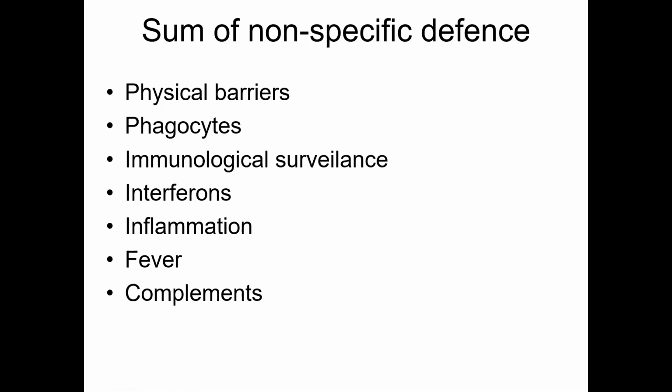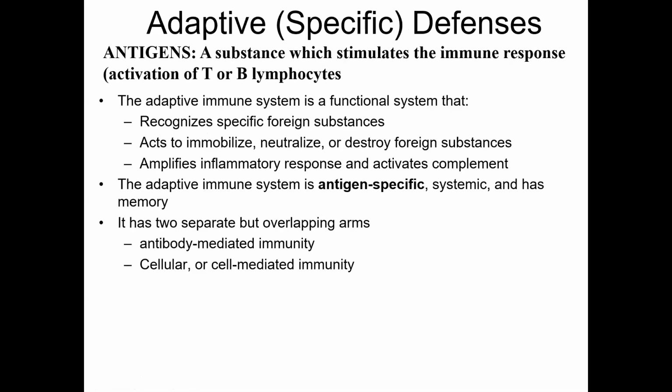And then we're going to focus on the next topic, which is called adaptive or specific defense mechanisms. Before we start, I need to give you some terms. First is antigens. We already talked about antigens in the previous lecture, like blood type antigens.